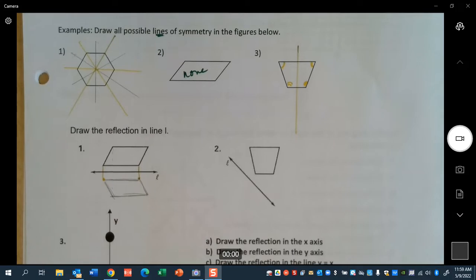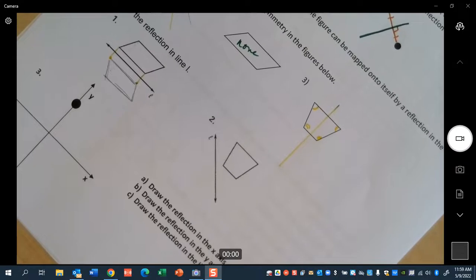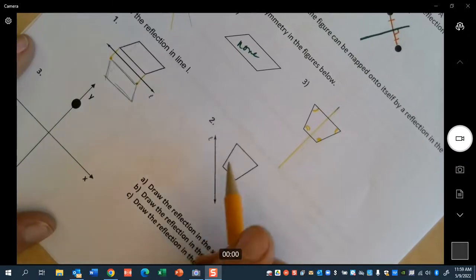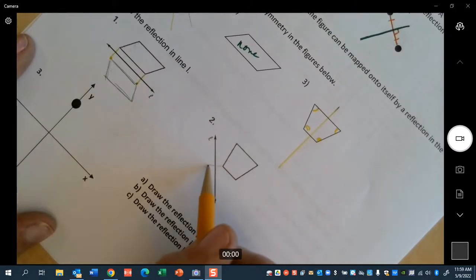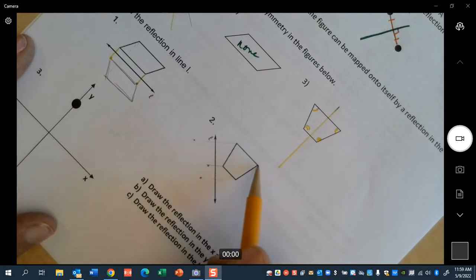It's a little harder when your line is crooked, so sometimes I cheat and I make my paper crooked so my figure is straight. And then I go ahead and I'm like, okay, so that's that vertex. And that's that vertex. And if I go across the same distance, that's that vertex.